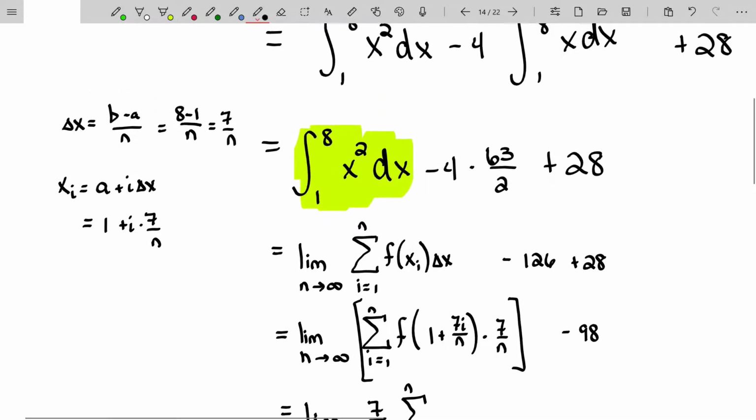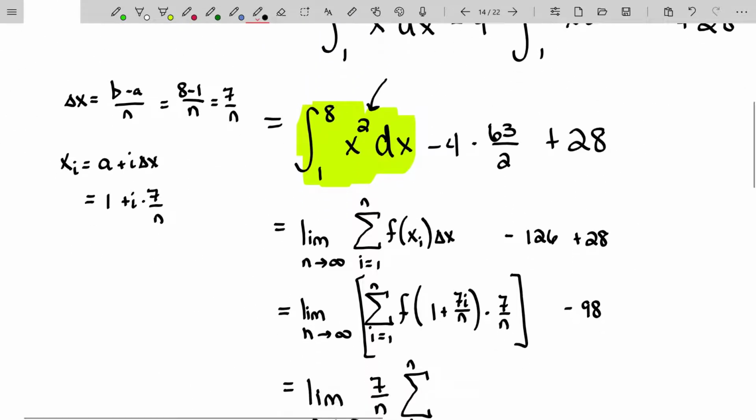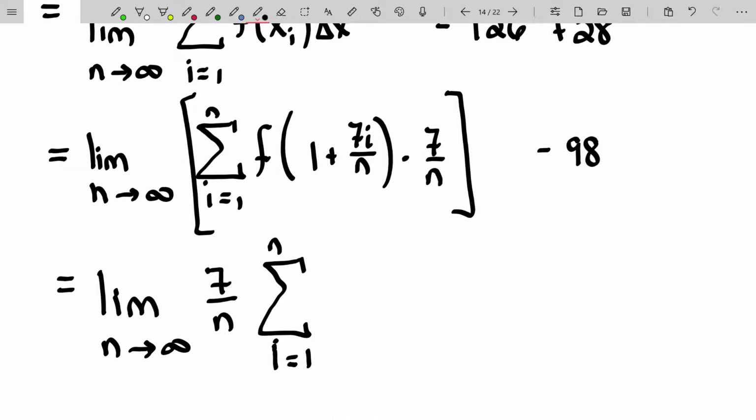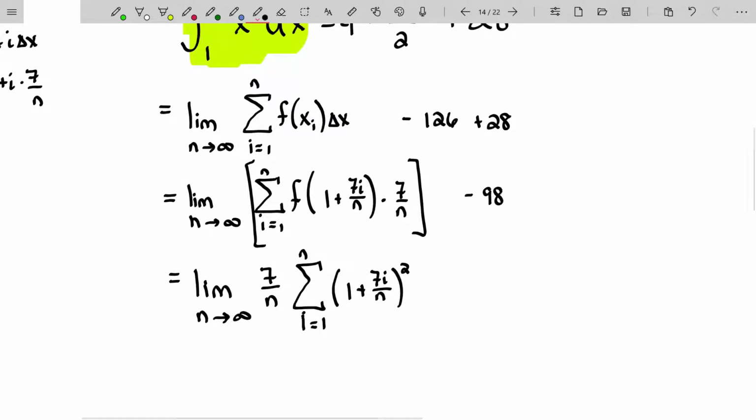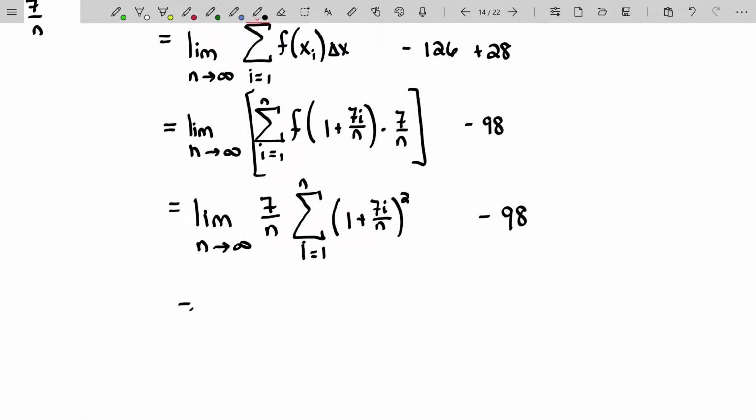What is f? f is x squared. So this is going to be 1 plus 7i over n squared. It's just whatever our x value is, that's this, squared. And then we still have that minus 98 sitting off back. Let's go ahead and square that out.